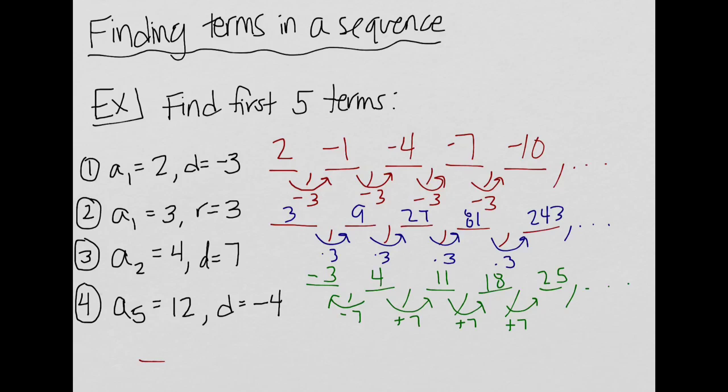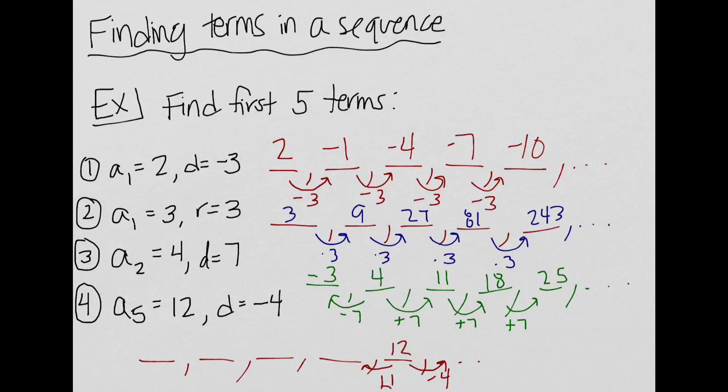Alright, and then this last one, fifth term this time. I gave you the one I want at the end, and it says the common difference is negative 4. That means I'm going this way, subtract 4. So if I've got to go back for all these, I'm going to be adding 4.